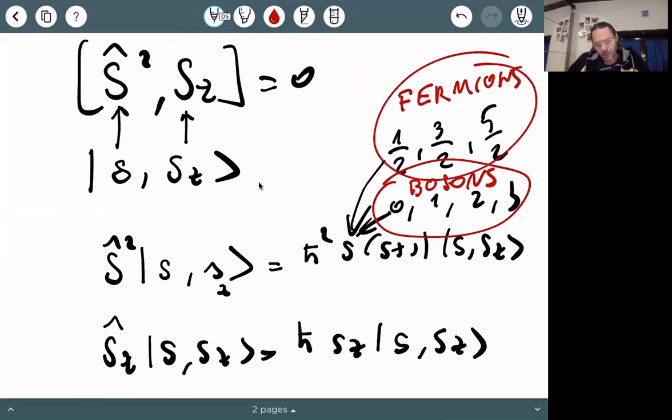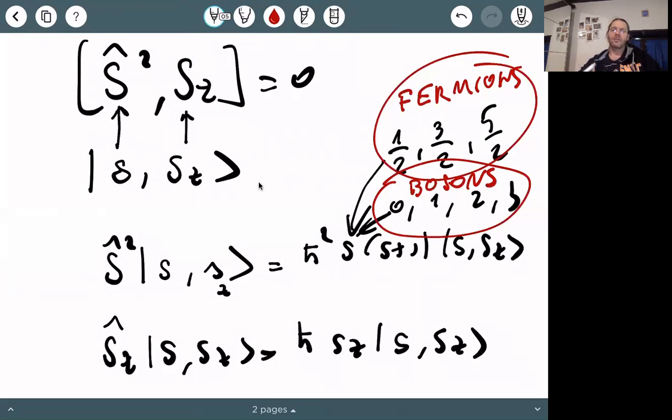Examples of fermions are the electrons, the protons, the neutrons. Examples of bosons are the photons, the famous Higgs boson that people might have heard from news recently, finally found at CERN, and so on.